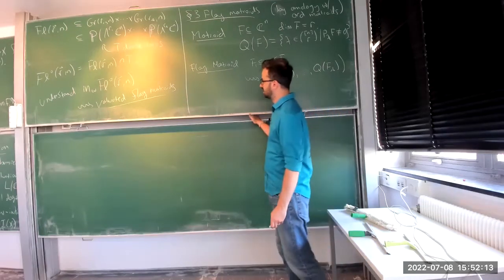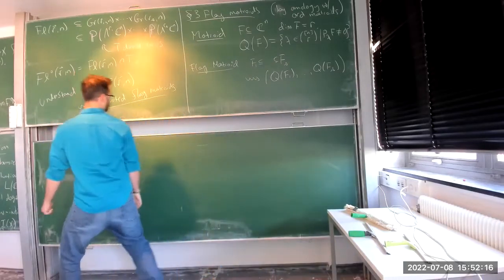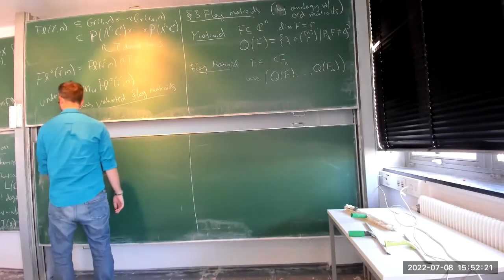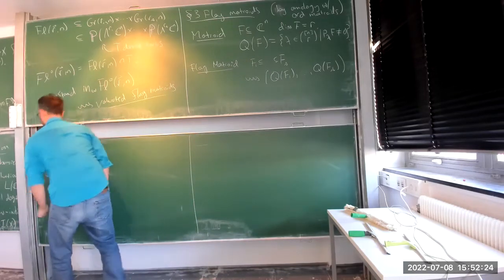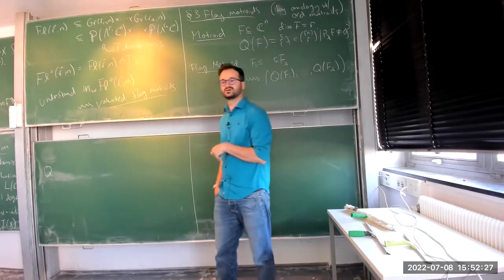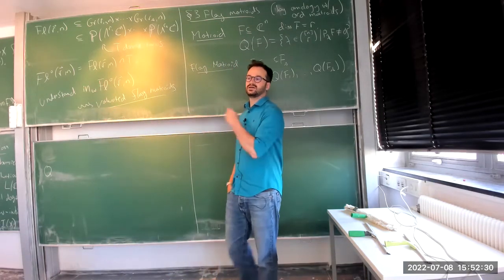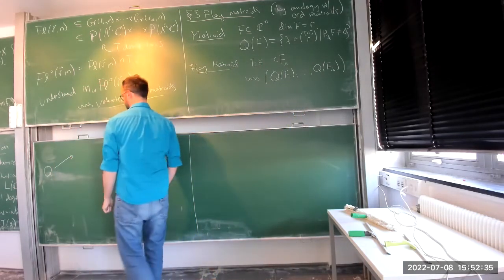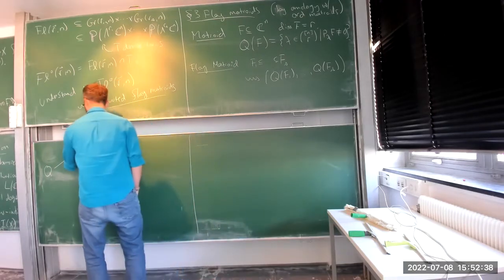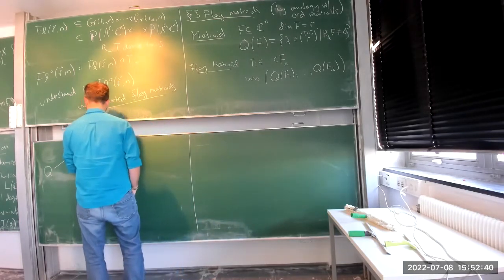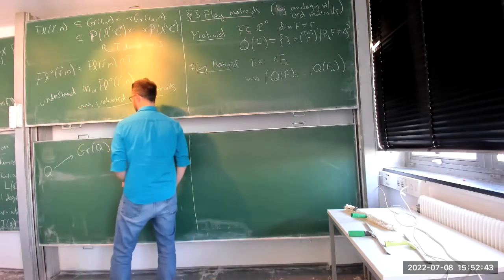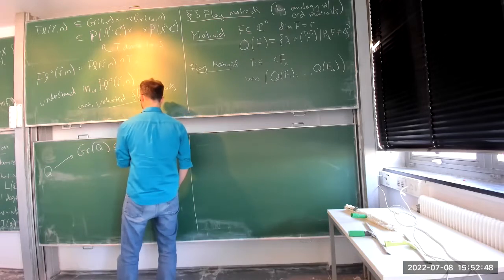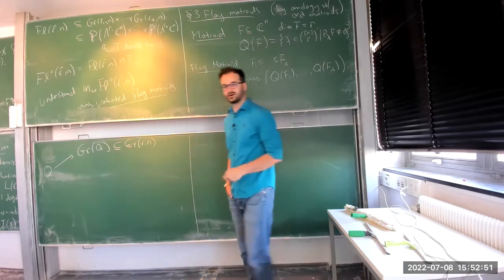So now, given a matroid Q, there are two pieces of data you can associate to this. One is more of an algebraic geometric piece of data, and the other is more combinatorial. The first datum you associate to this Q is the stratum, G_R Q. Let's say Q is a rank r matroid.